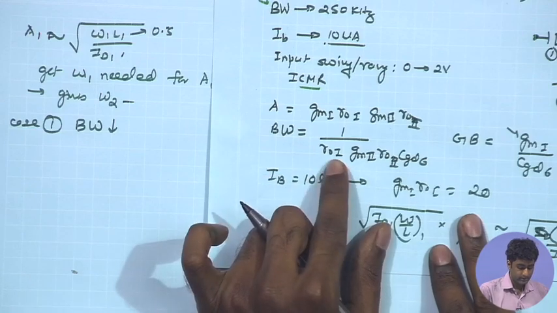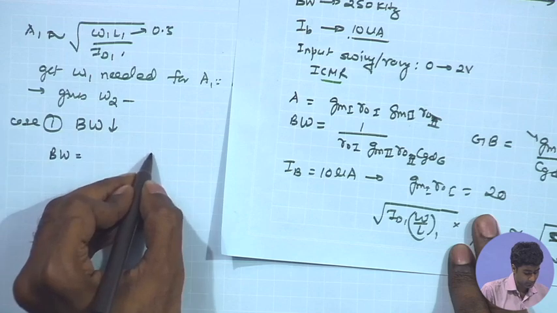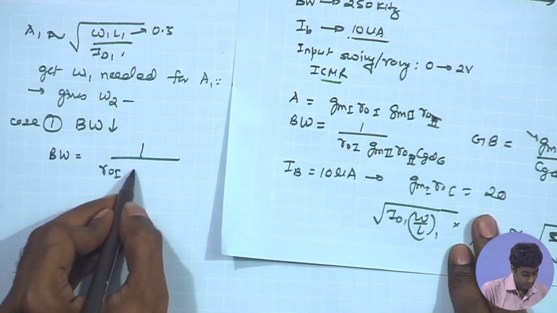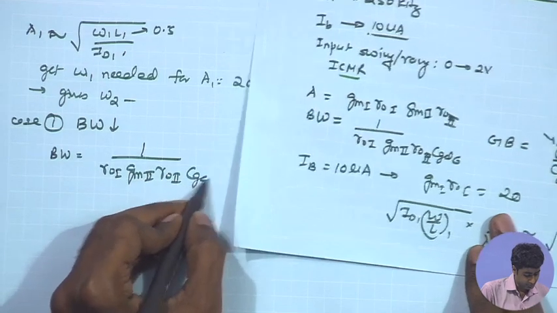And here once again, the bandwidth is given by RO1, GM2, RO2 and CGD6.